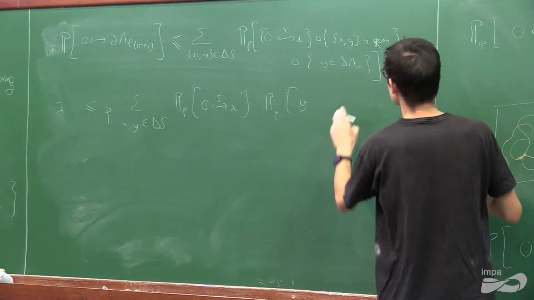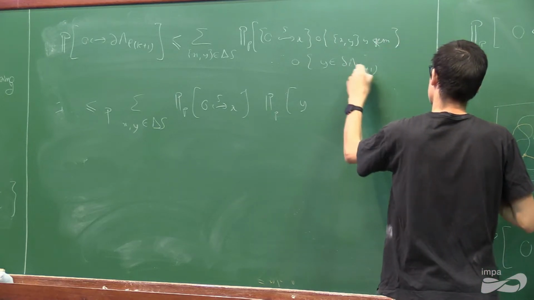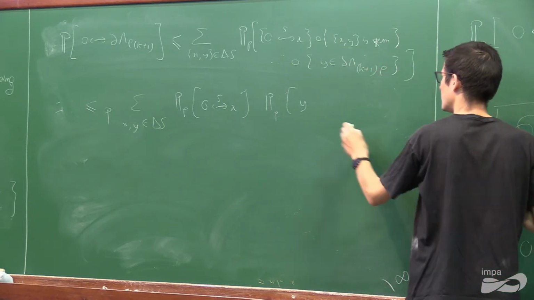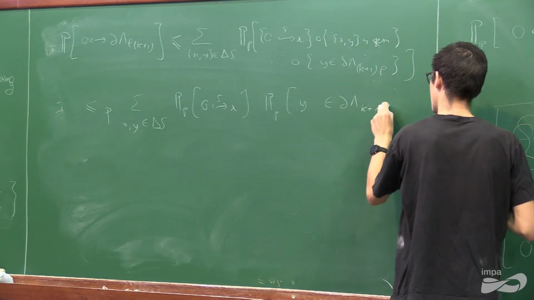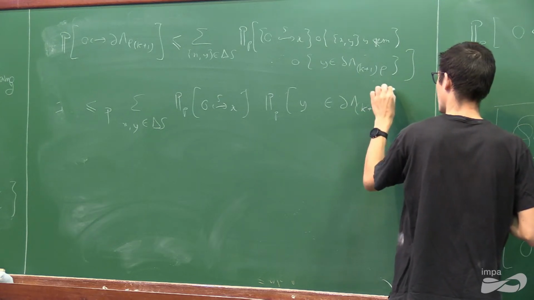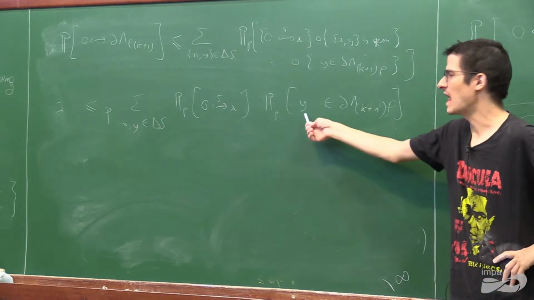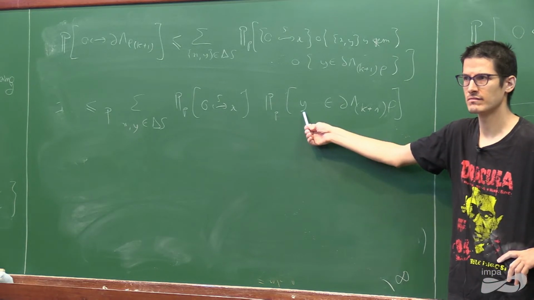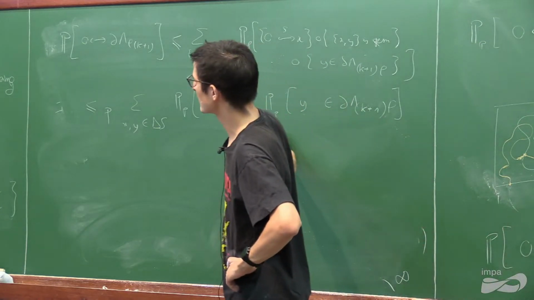And here it's not L, N, it's K plus 1 times L. Now the idea is that y is at most at distance L from the origin, just because of the thing I just erased.